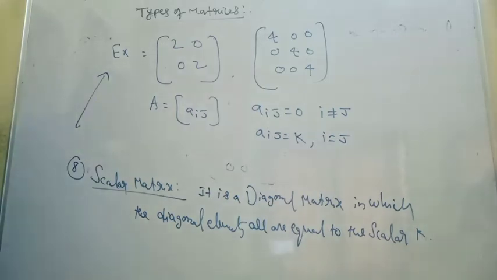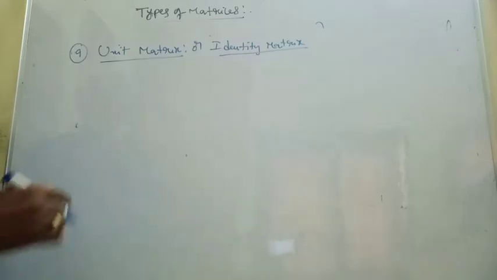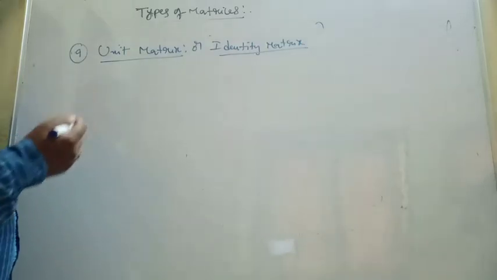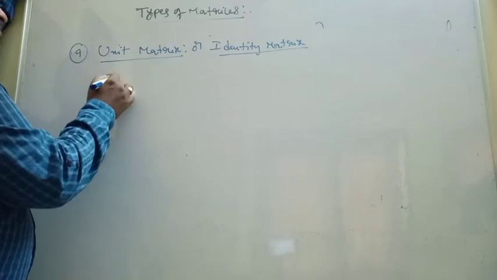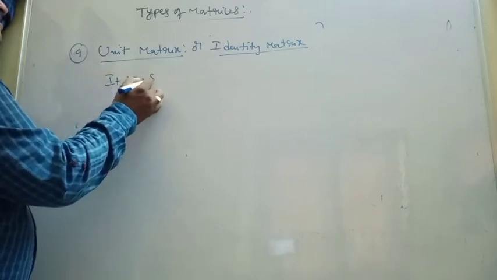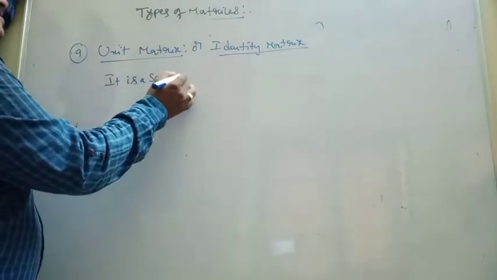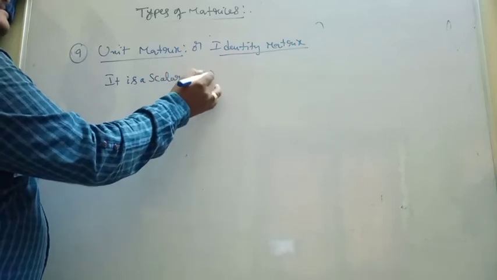Next we have one more thing, what we call the unit matrix or the identity matrix. How is a unit matrix or identity matrix defined? It is basically a scalar matrix. Basically we defined what a scalar matrix is.